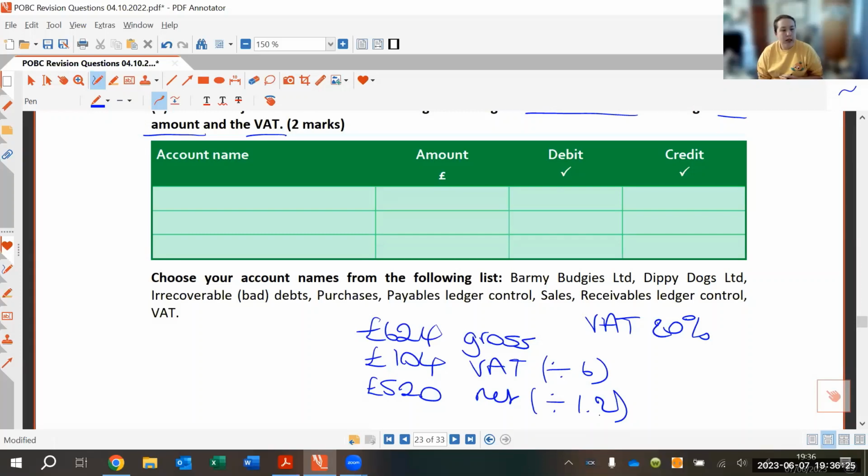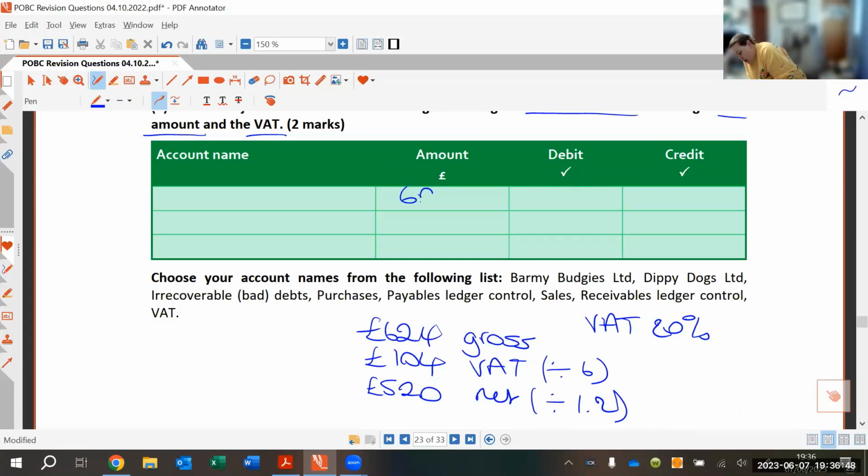I can see a few answers where the VAT is not 104. If you take the gross figure and times it by 20%, that will not be correct, because VAT is calculated upwards from the net figure. 20% of the gross is not the same as 20% of the net. So just be aware of that.